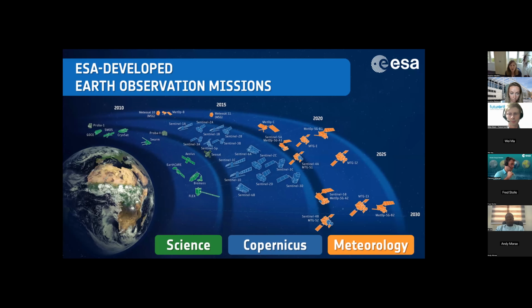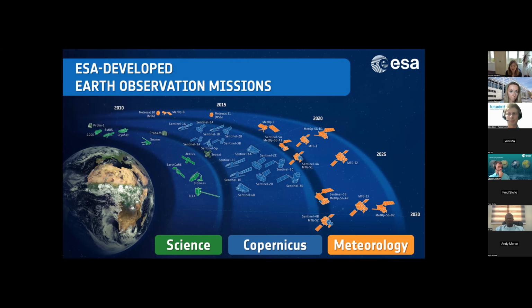So the ESA missions in space go back to the sort of ENVISAT era. In this diagram, you can see on the left side the science missions. We have Earth Explorer missions that are in space, finished being in space, and being planned to be launched into space. The middle band there is the Sentinel missions, which is really driving a huge step change in the use of Earth observation for all manner of research and commercial activities, particularly around climate and monitoring of the environment.